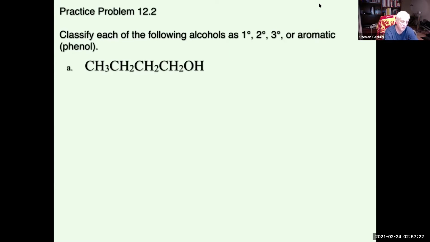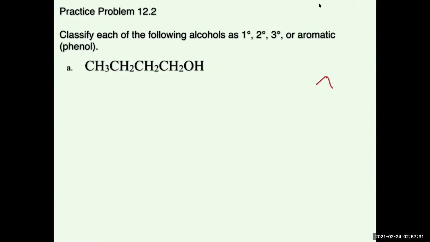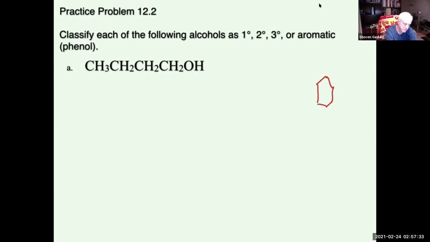Okay, classify each as primary, secondary, tertiary, or aromatic phenol. Remember, we talked about you can have phenols also. Remember, a phenol is a benzene ring, a conjugated double bonding system, with an OH. Those have a different naming system than the primary, secondary, tertiary because they have conjugated bonding systems.